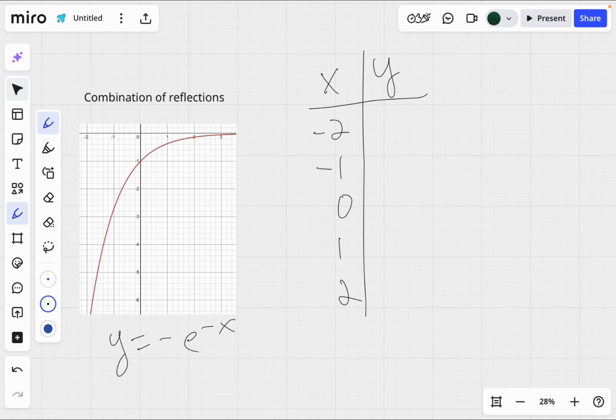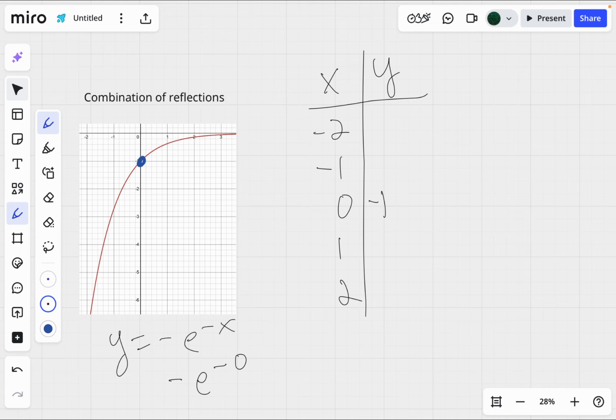Okay, so same thing. If I plug in 0, anything to the 0 power is 1. But this one is times a -1. So when you get your answer, you're just going to multiply by -1. So we have 0 and -1, which is right here.